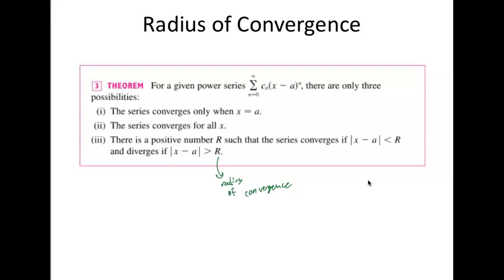So in the last example we did, the radius of convergence was 1. Because we had absolute value of x minus 3 needed to be less than 1.